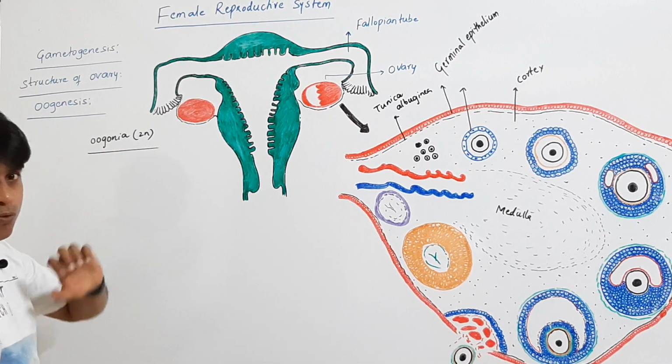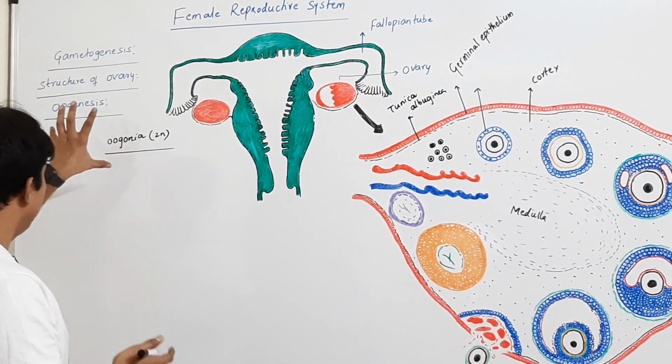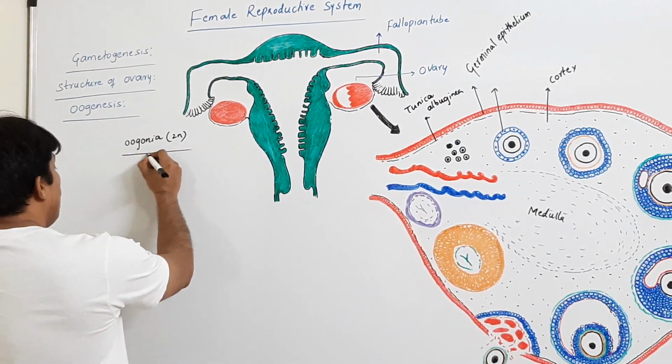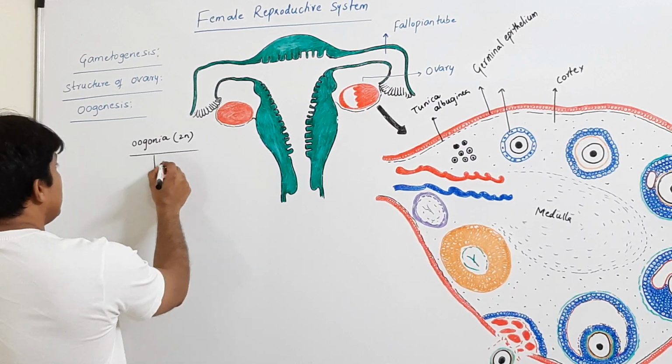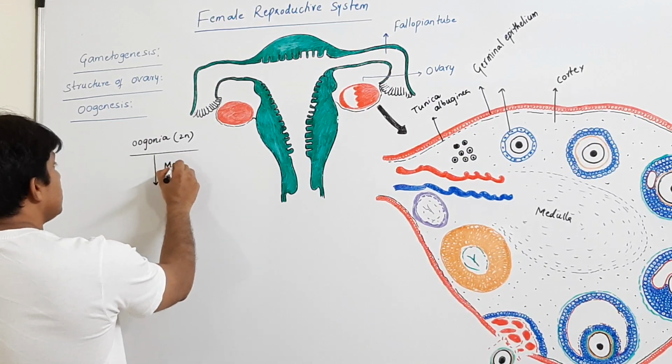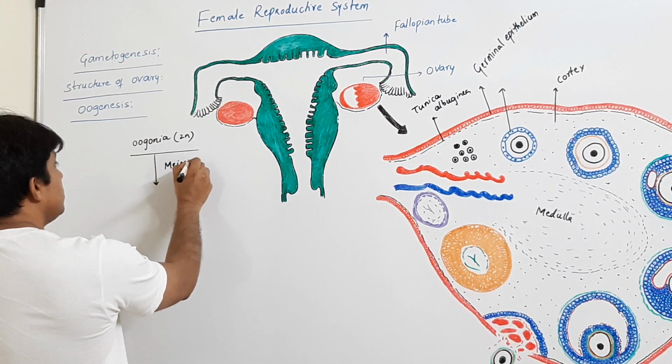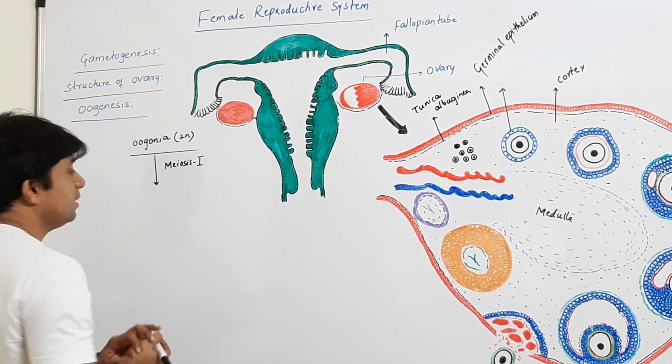Now inside the oogonia, what happens? During the embryonic stages itself, oogonia start their maturation division called meiosis. Meiosis is initiated, they start meiosis 1.